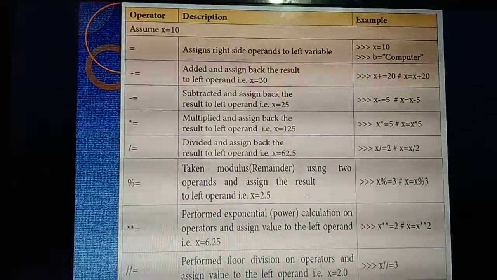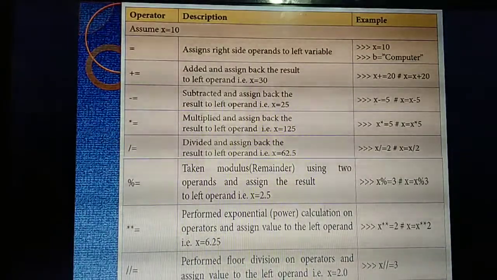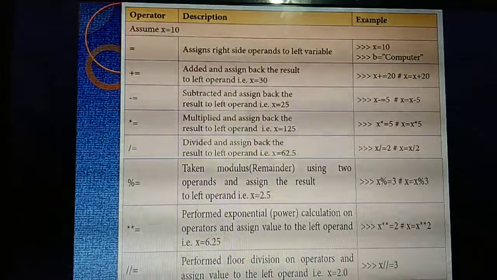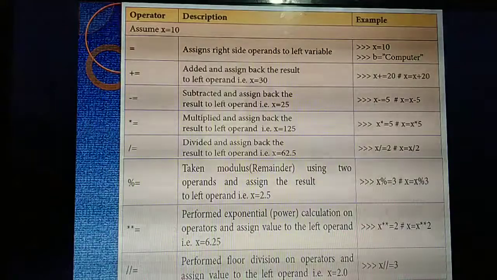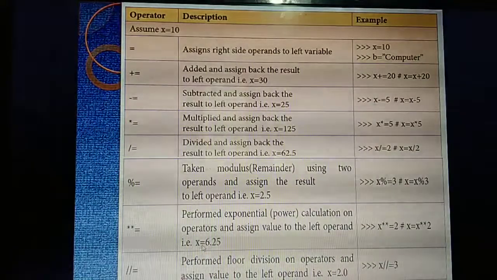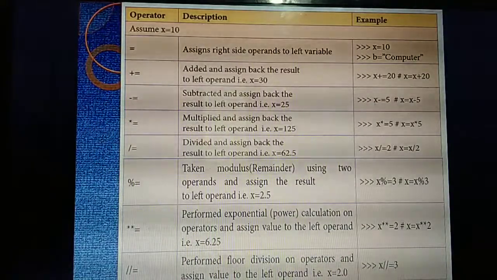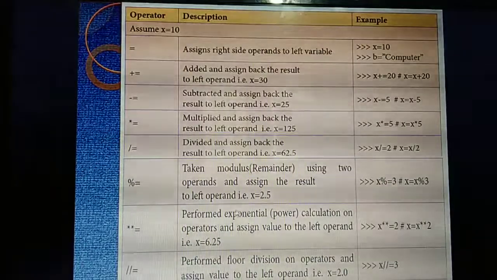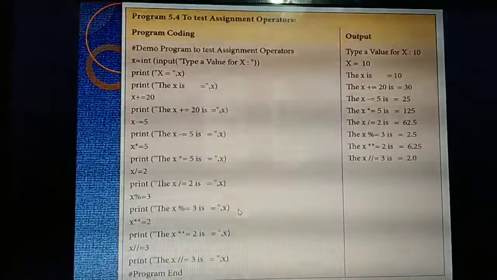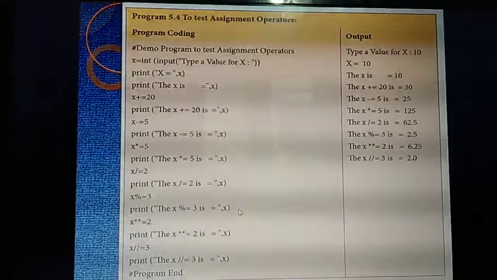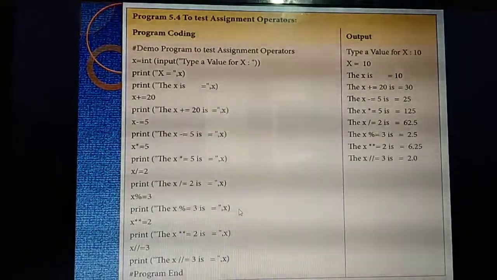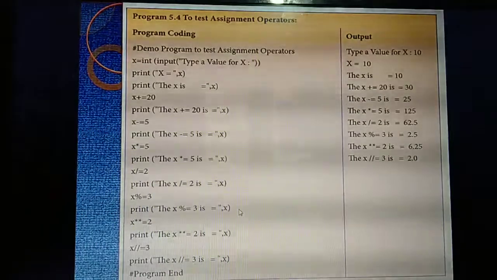In your book they have given only this tabular column and explanation, but not the calculations, so you will get confused how we are getting this answer. For that I will explain. The same thing they have given in the program, so once you read it you can understand.